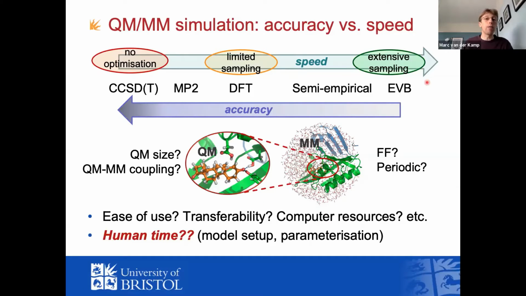And this is where I'll briefly refer back to EVB. So EVB is an excellent method for lots and lots of sampling. But what it requires is that for each reaction, you will need to parameterize your EVB and make sure that it works properly. And that can cost a long time.